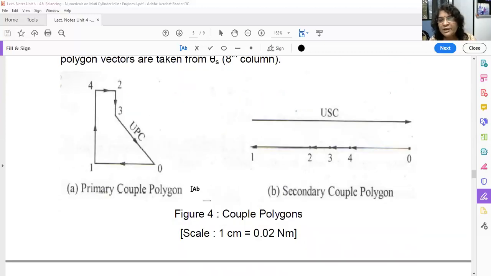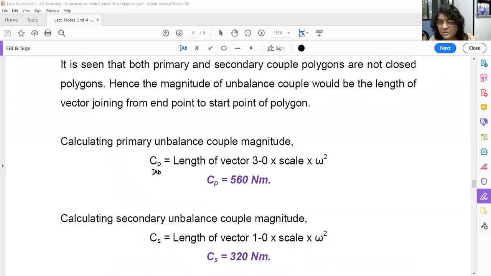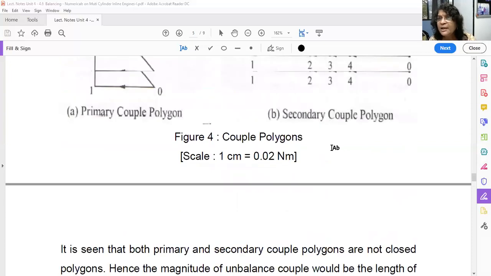How to find out the magnitude of primary couple? See, Cp is equal to length of vector 3O into scale, correct? And now into omega square, because your couple is given by M r omega square into L. L is already considered here. See in this table, L is already here.